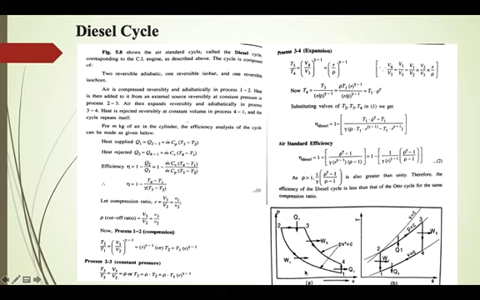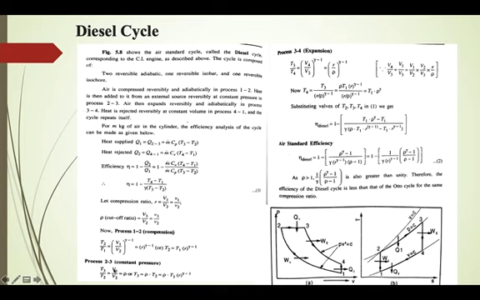Now for process 1 to 2, it is a reversible adiabatic process, so we can write the temperature volume relationship. T2 by T1 is equal to V1 by V2 raised to gamma minus 1, or R raised to gamma minus 1, or T2 is equal to T1 into R raised to gamma minus 1. Now for the constant pressure process 2 to 3, since it is ideal gas, we can write P1 V1 by T1 is equal to P2 V2 by T2. Pressure is same, so excluding pressure, T3 by T2 is equal to V3 by V2.